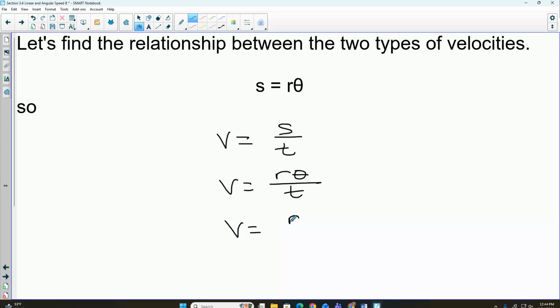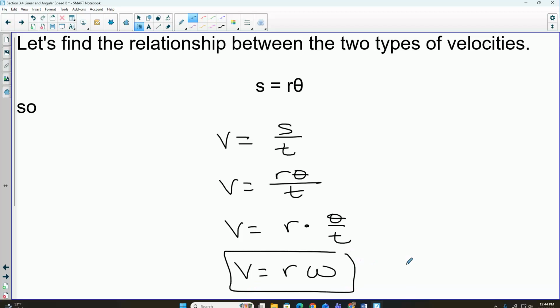So then I could rewrite this as R times theta over T. But theta over T, on the last slide, what did it tell us theta over T was equal to? Yeah. So that's omega. So that is the third formula, just telling us how to relate the two.